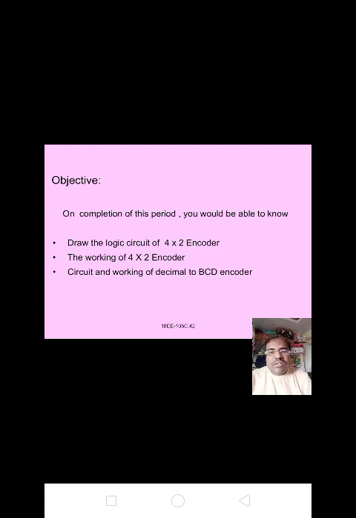These are the objectives which we learn in today's class.